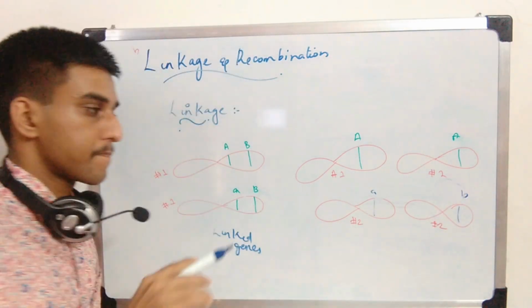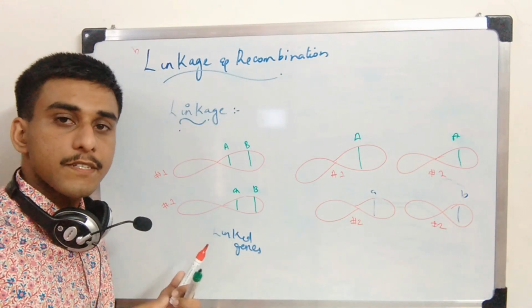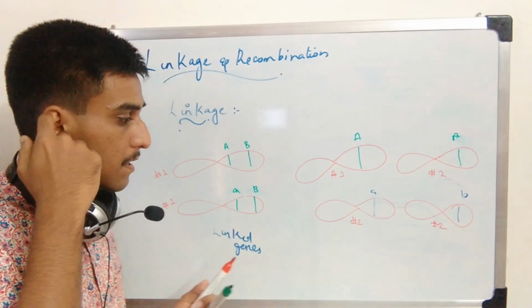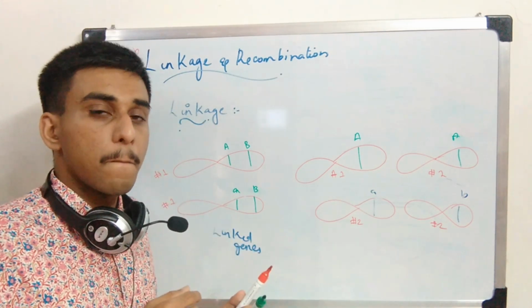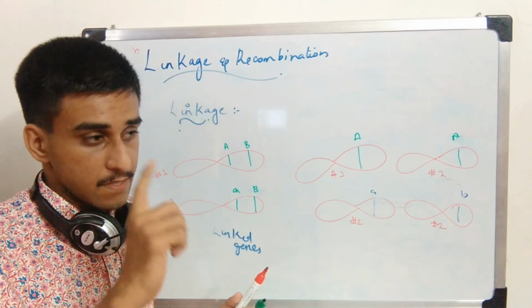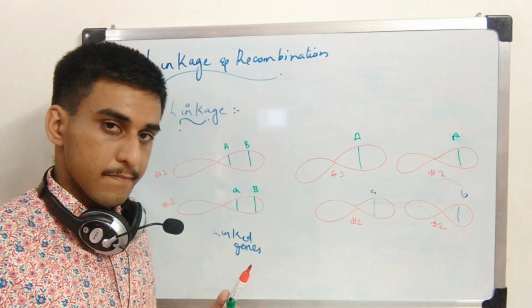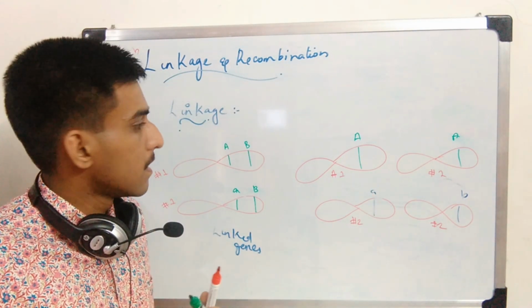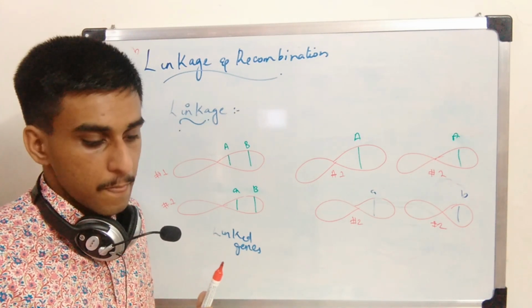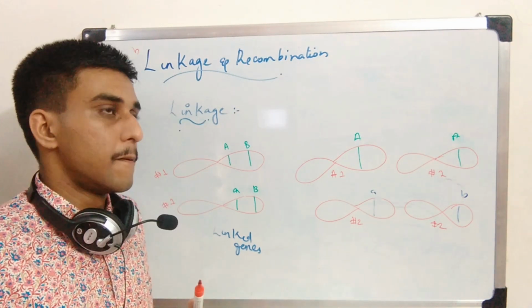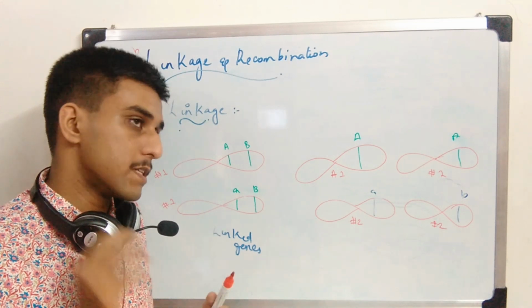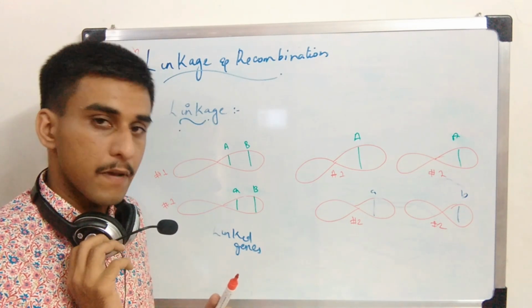So in the second condition, I am saying that the genes are unlinked, which means the genes are present on different chromosomes. Okay, this is the case of linkage. So genes can be linked and also genes can be unlinked.